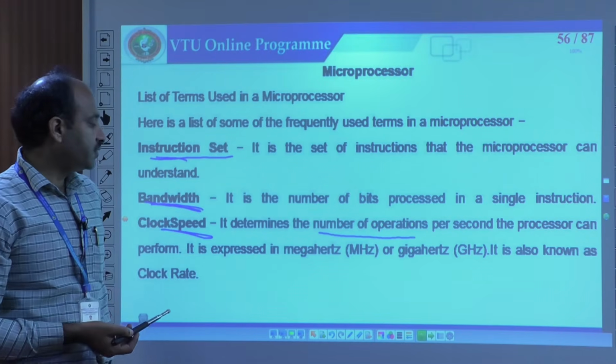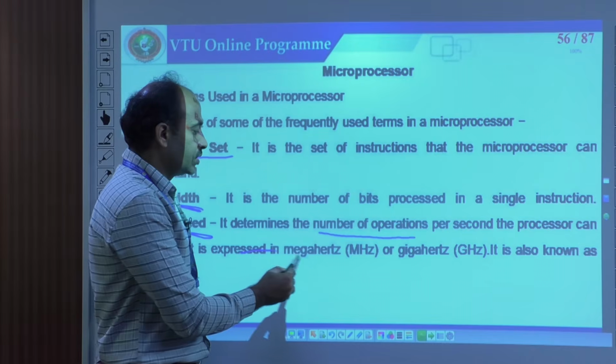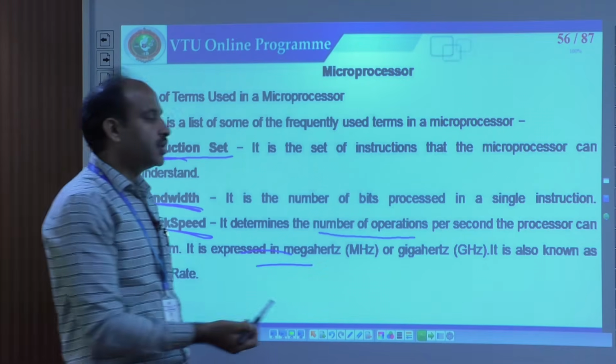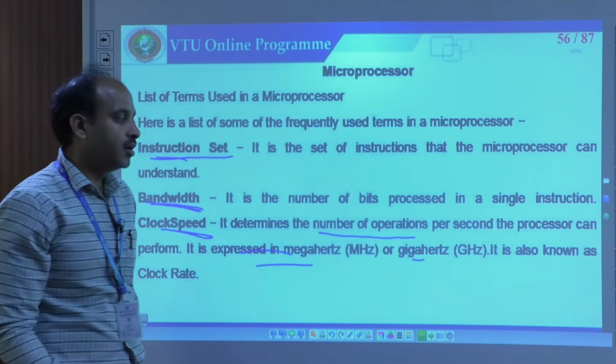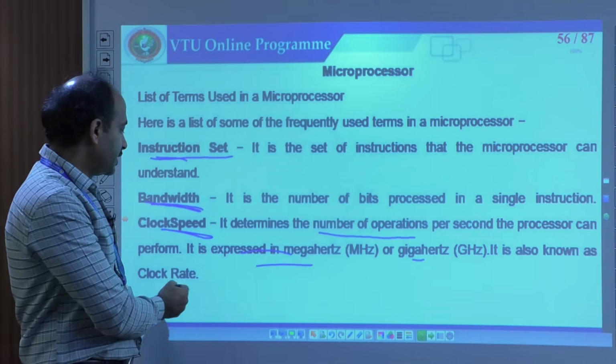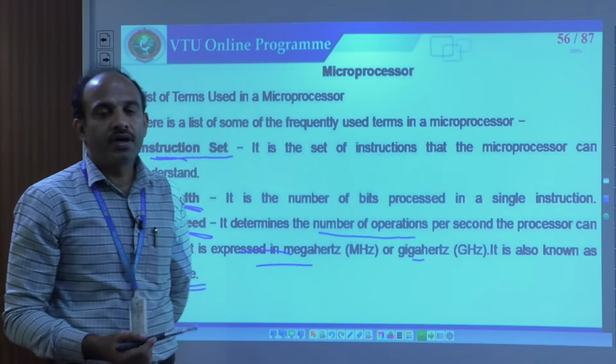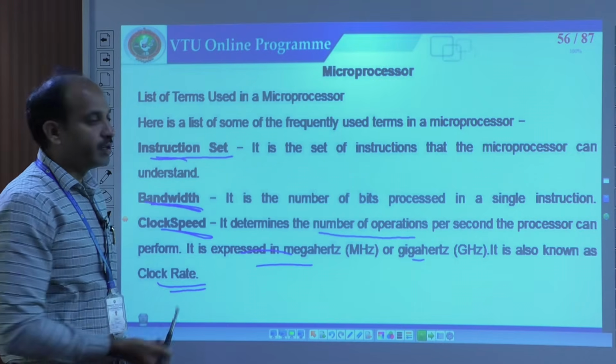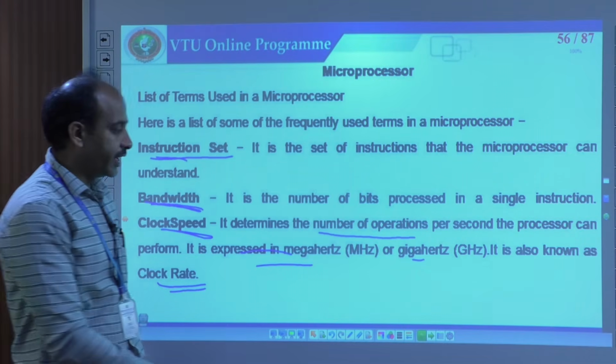This clock speed is measured or expressed in megahertz. Now most systems are in gigahertz. We also call it clock rate. How quickly it will perform is measured by the clock speed, or clock rate.